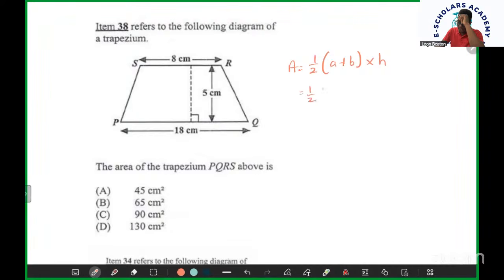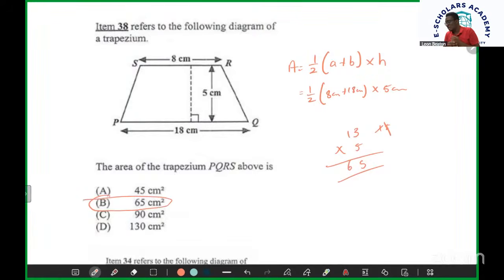The parallel sides are 8 cm and 18 cm, times the height, which is 5 cm. 18 plus 8 gives 26. Half of 26 is 13. 13 times 5: 5 times 3 is 15, 5 times 1 is 5, so you get 65. So 65, which is B. Nice and easy.